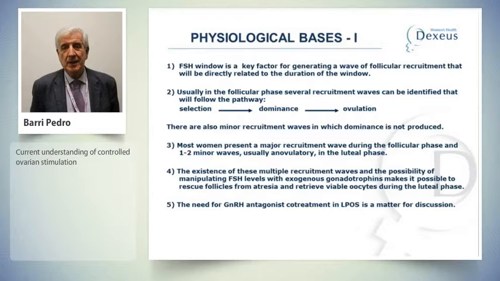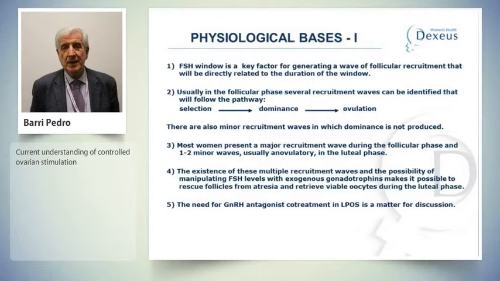But we now know that there are also minor recruitment waves in which a dominant follicle is normally not produced. However, most women present these minor follicular recruitment waves during the follicular phase, and also one or two during the luteal phase, that do not reach full maturation and ovulation.